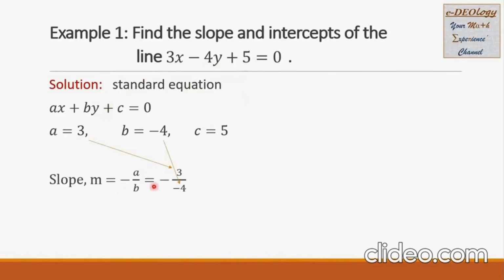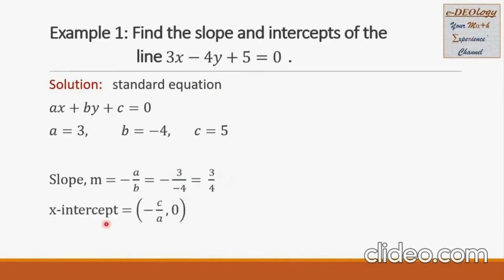Substituting the values, we have a equal to 3 and b equal to negative 4. Then we can simplify further. This negative sign and the negative sign of 4 will make it positive. So our final answer for the slope is positive 3 over 4.